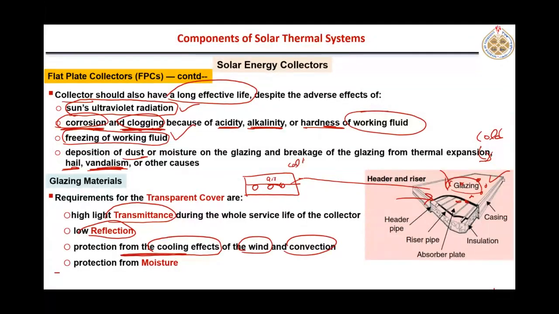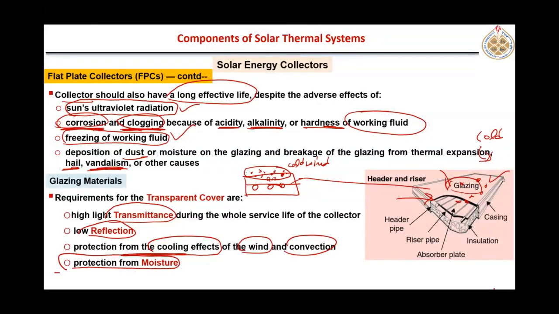If cold wind is flowing outside, so that will make this moisture present in that air to condense on the surface of that glass, so that not only on the inside, maybe outside also. So because of this condensation, the transmittance of that glass cover is affected, that will reduce. Okay, so there should be a protection from moisture.